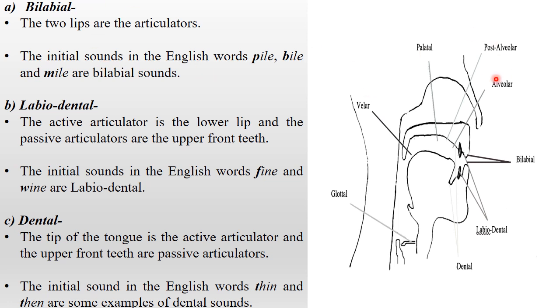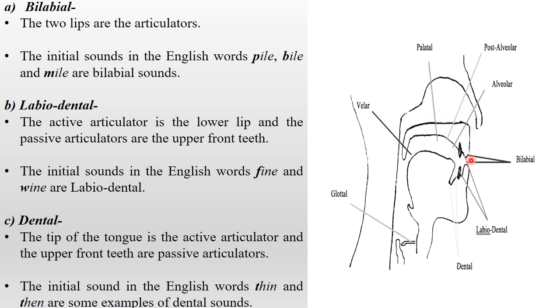First is bilabial. In this bilabial, you can see the two lips are the articulators. The initial sounds in the English words pile, bile and miles are bilabial. So place of articulation means the places in the mouth or the organs which are used.